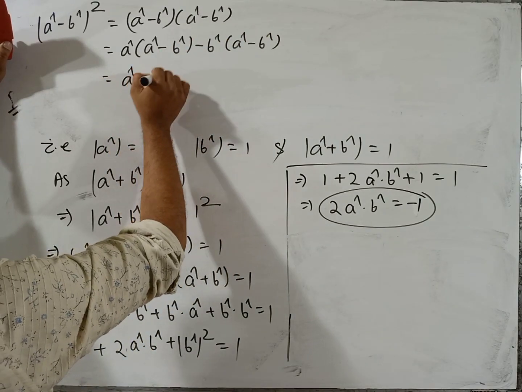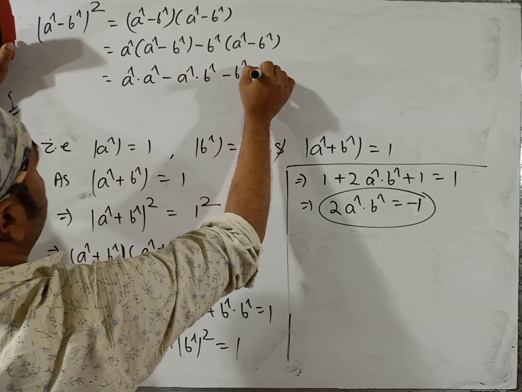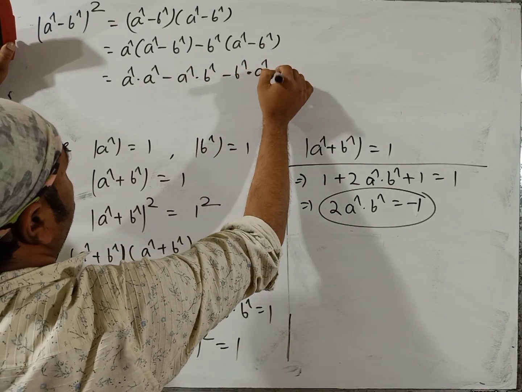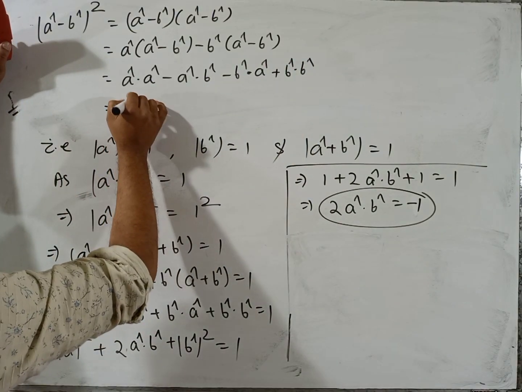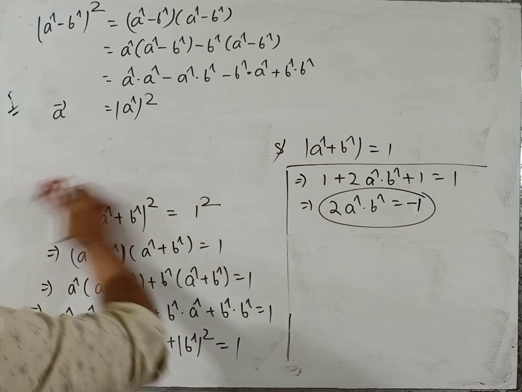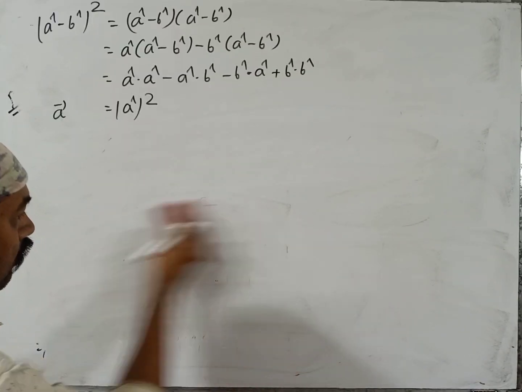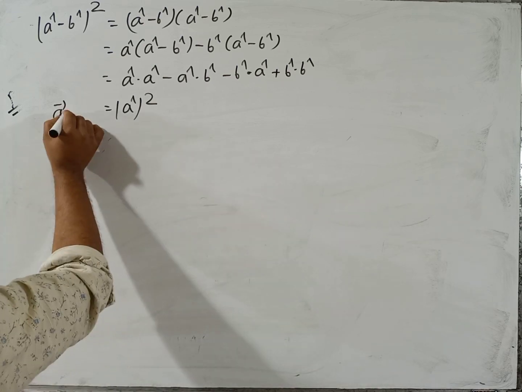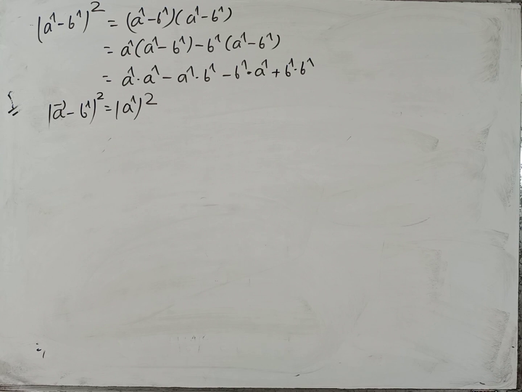It is A cap multiplied with A cap minus A cap multiplied with B cap minus B cap multiplied with A cap plus B cap multiplied with B cap. Then it will be the square of the magnitude of A cap minus B cap.